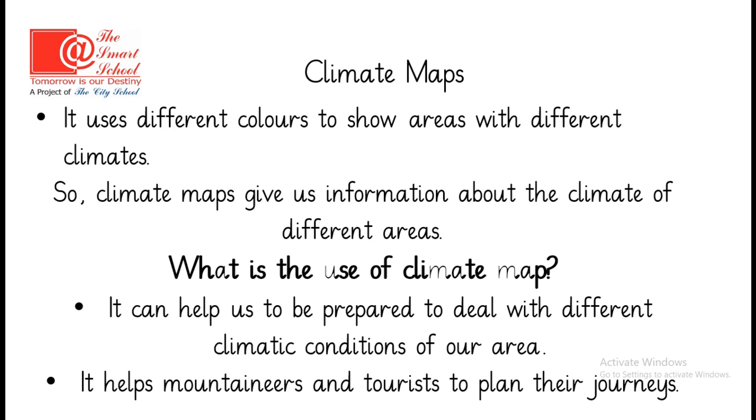So, climate maps give us information about the climate of different areas. Now, what is the use of the climatic maps? It can help us to be prepared to deal with different climatic conditions of our area, and it also helps mountaineers and tourists to plan their journeys.